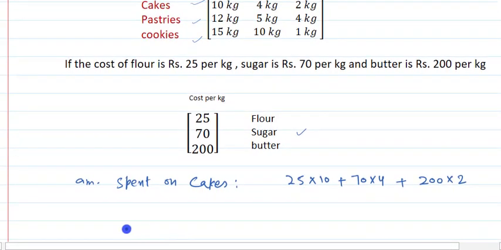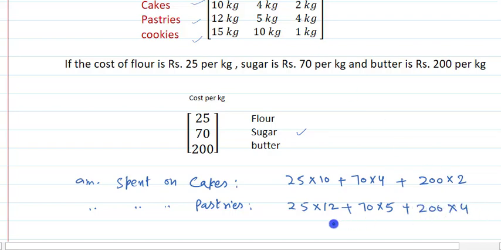Then if we need to find the amount spent on pastries, we will write 25 into 12, that is, 25 per kg cost of flour multiplied by 12 kg, the total amount of flour we are using for pastry. Similarly 5 multiplied by 70 plus 200 multiplied by this 4 kg.